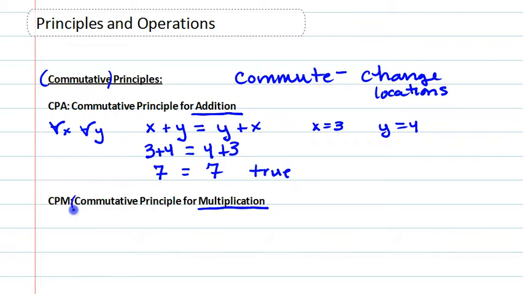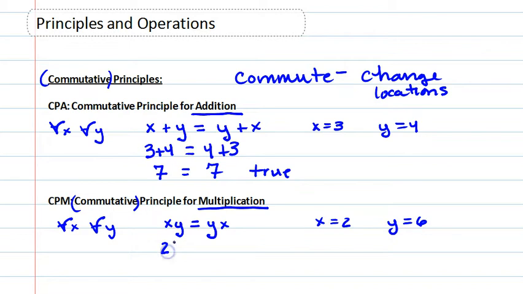Now let's look at the commutative principle for multiplication. If I take all real numbers for x and all real numbers for y, this should be true. If I multiply x times y, that should give me the same answer, or the same result, as y times x. This time let's say x equals 2 and y equals 6.